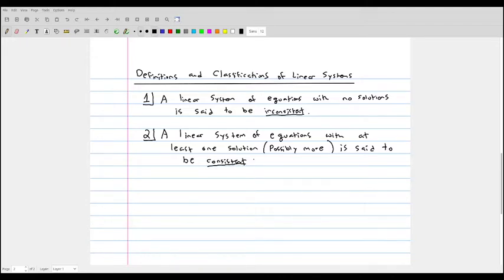Because we can find at least one solution to it. And one of the nice properties that we have is that, you'd see this proven in a linear algebra course, if a system of linear equations is consistent, then it has either one solution or infinitely many solutions.